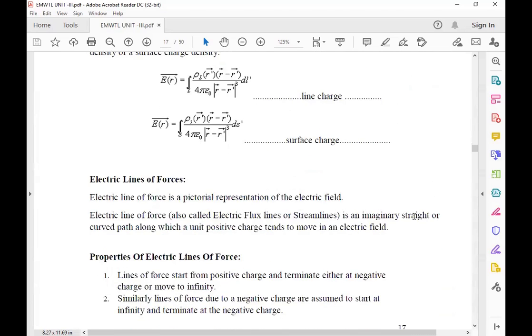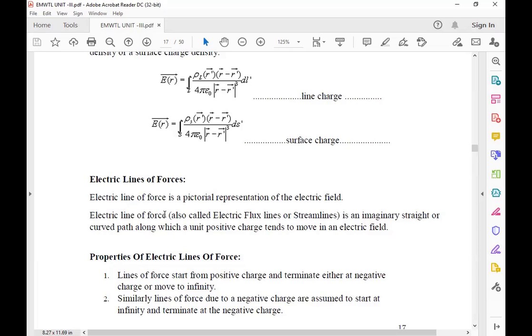Now the next topic is electric lines of force. Electric line of force is a pictorial representation of the electric field.